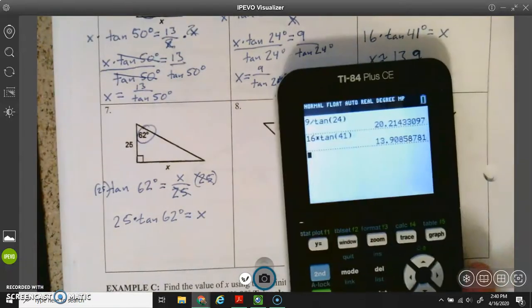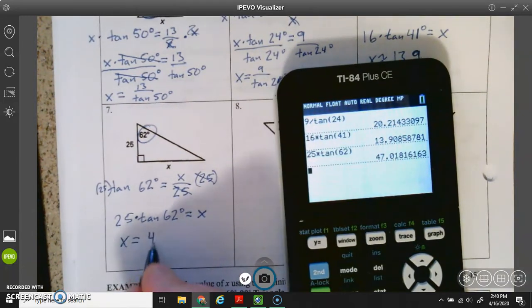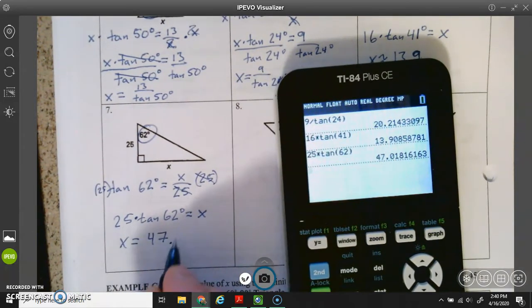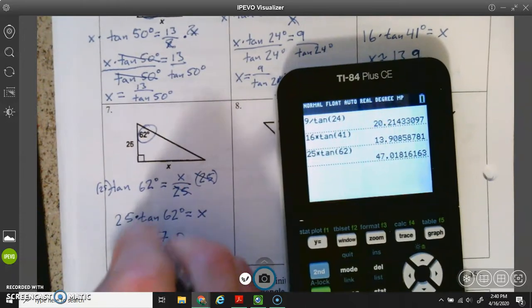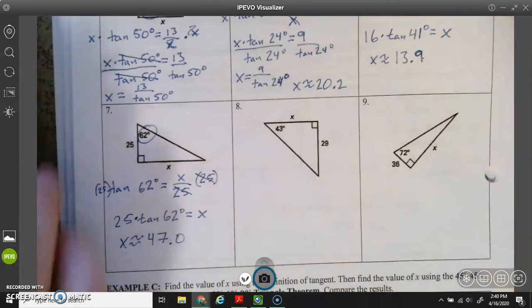So I have 25 times tangent of 62, and I get x is equal to 47.0. And I did equals again. You do approximately.